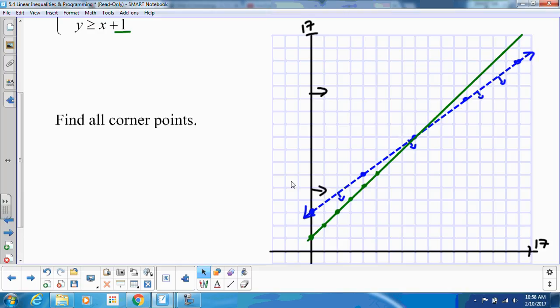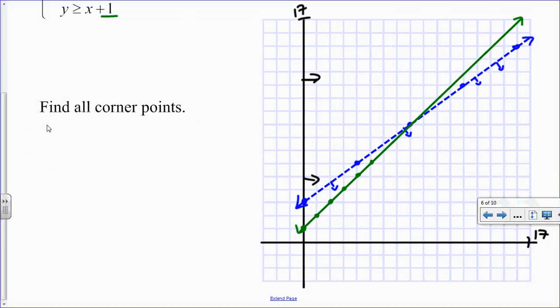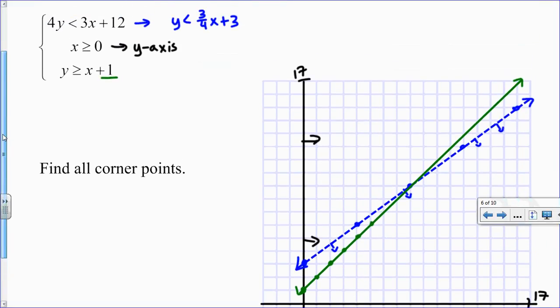So, I've got to do my shading. This line, will I be above or below the y-intercept here? Above.